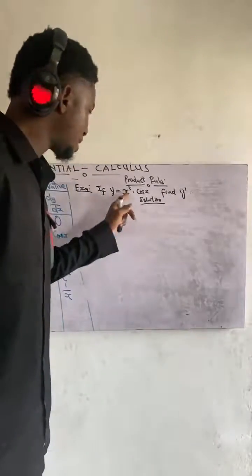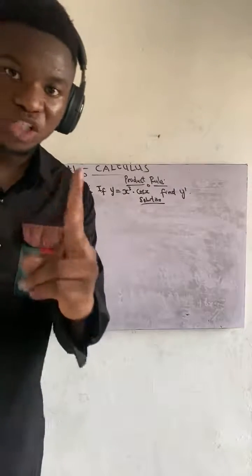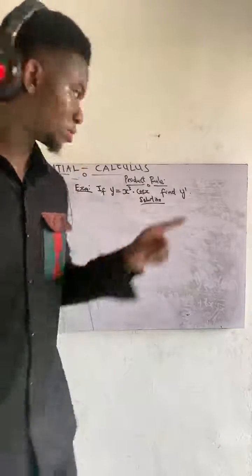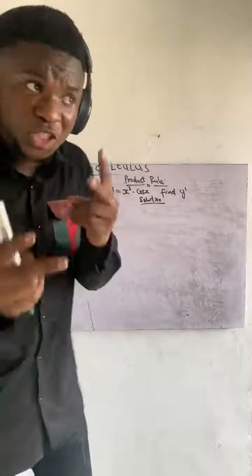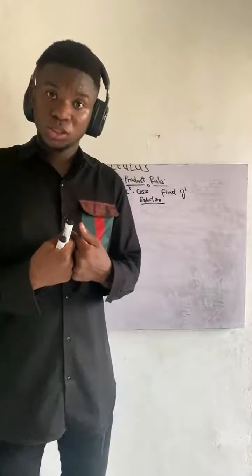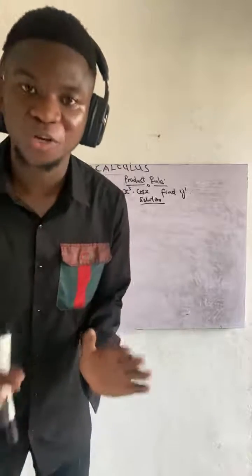The first one is x cubed, while the second one is what? Cos x. So these two functions are connected together by what? Multiplication. And whenever two functions are connected together by multiplication, and you are asked to find the derivative, you are simply to use product rule.